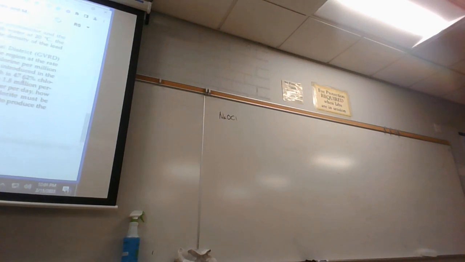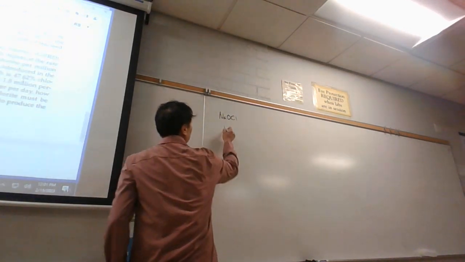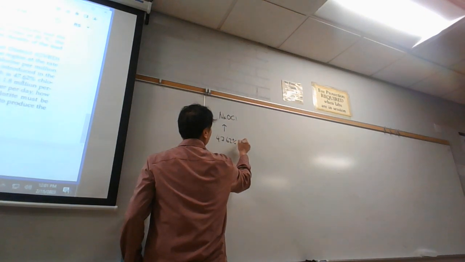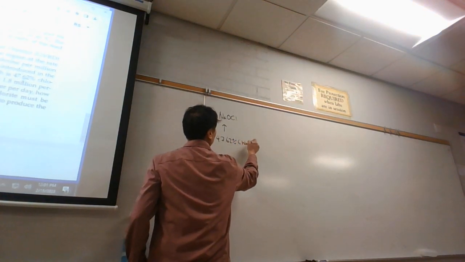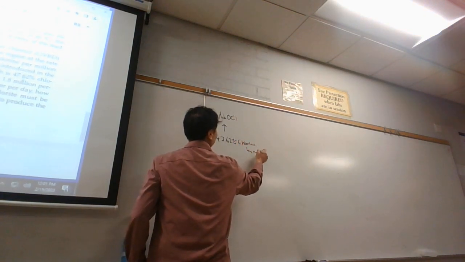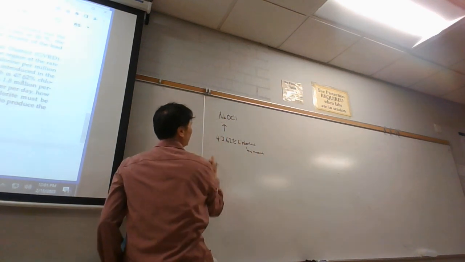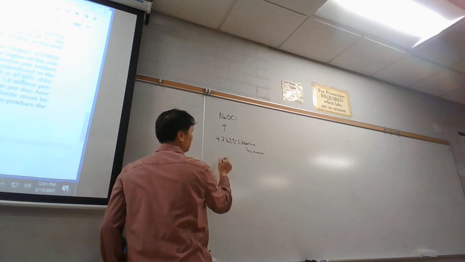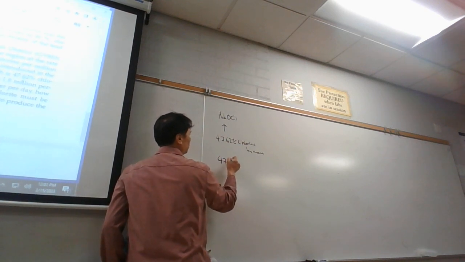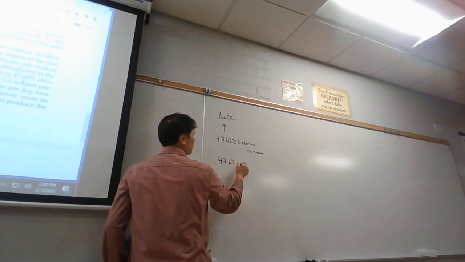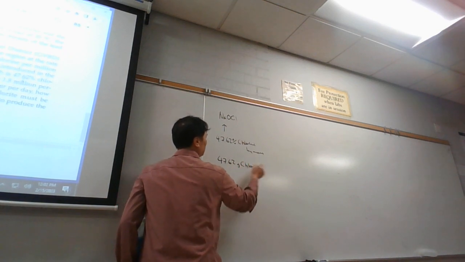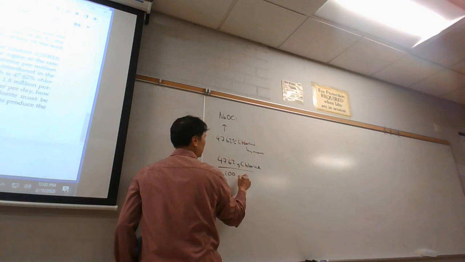I'm pretty sure that's by mass. That means for every 100 grams of sodium hypochlorite, how many grams of chlorine do we have? 47.62. So we're going to have 47.62 grams of chlorine atoms in there for every 100 grams of sodium hypochlorite.